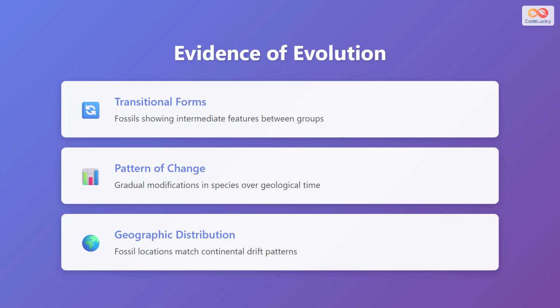When we examine fossils from different geological periods, we can see gradual modifications in species, with simpler organisms appearing in older rocks and more complex ones in younger rocks. Third, the geographic distribution of fossils matches what we know about continental drift. Fossils of similar organisms found on different continents provide evidence that these landmasses were once connected, supporting both evolutionary theory and plate tectonics.